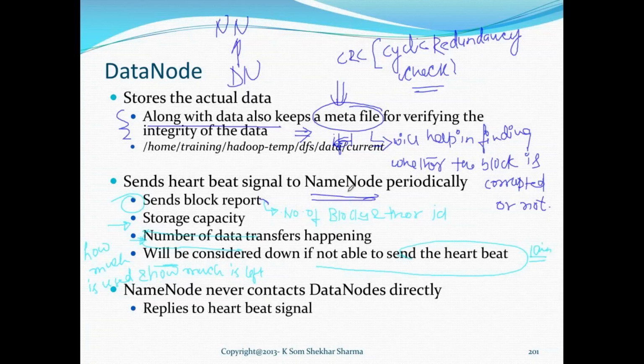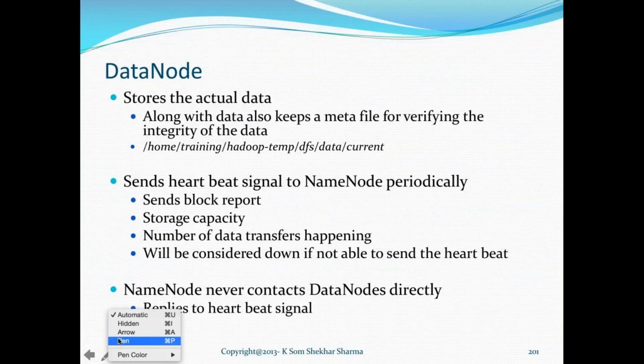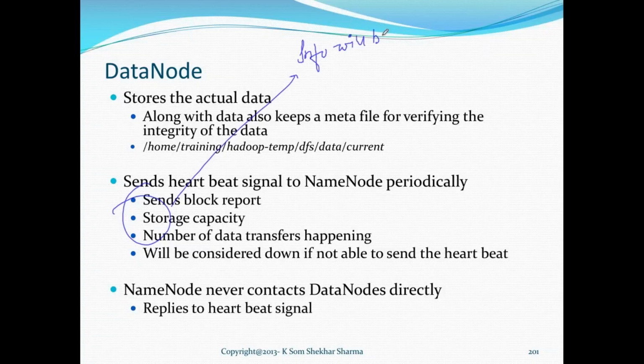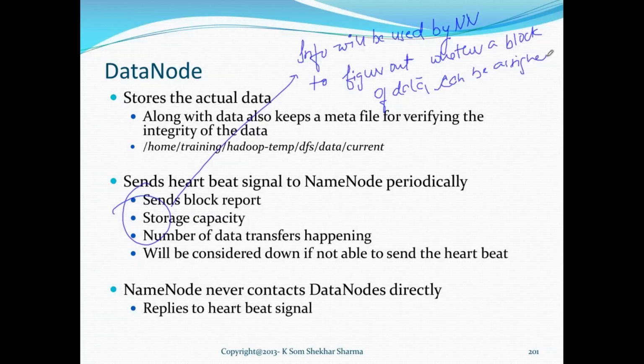So the main responsibility of the data node is to send the block reports, storage capacity, and the data transfers happening, and this information will be used by the name node to figure out whether a block of data can be assigned to that data node or not.